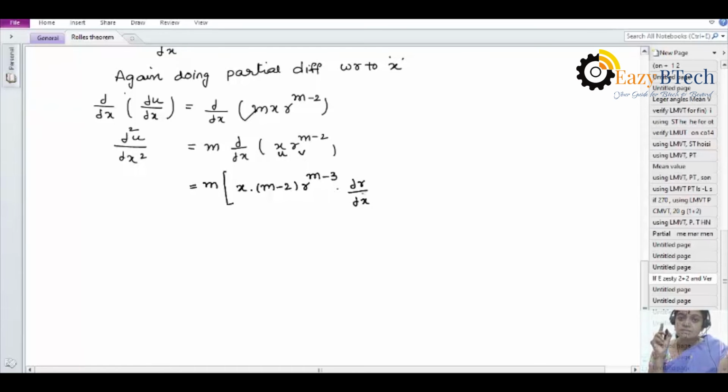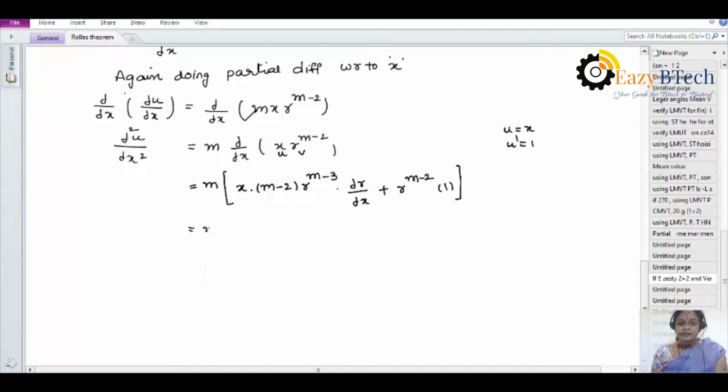Again why here are we writing dou r by dou x, students? At first we are applying the formula for power. For m minus 2 we applied that, and then applying partial differentiation for the function. What is the function here? The function is r only. And plus r power m minus 2 and u dash value is 1. So u is equal to x, then u dash means differentiation becomes 1 here.